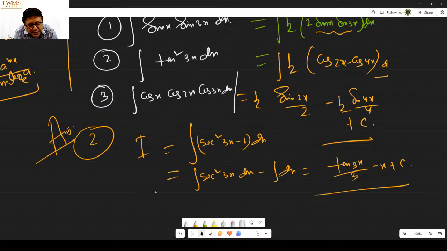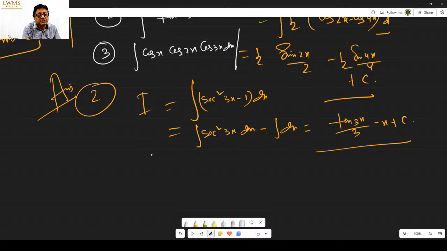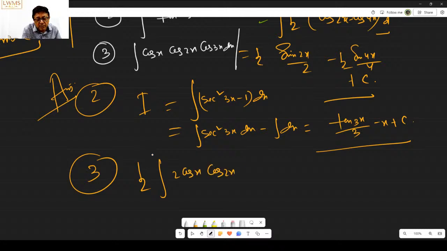You need to break as sum of 2 or more cosine functions or sine functions. Let's see what tries. You multiply and divide by 2 for number 3. Cos 3x dx.